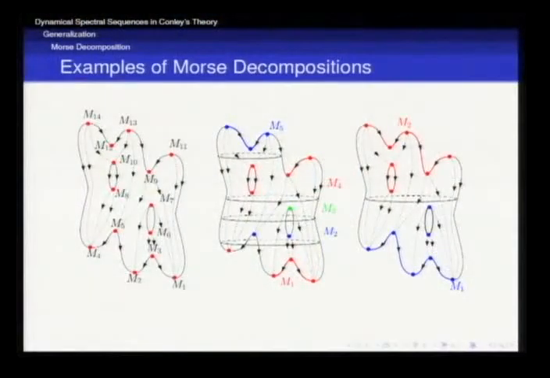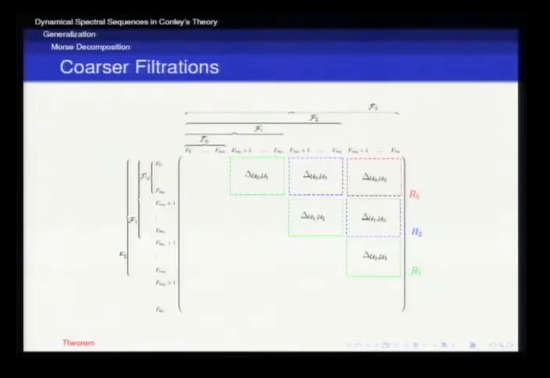And what we'd like to work with are matrices that are coding, here, this is schematic, of course, a richer behavior. And for that, the idea would be to look at filtrations which are actually coarser filtrations. So that's one way that we're looking at this generalization.